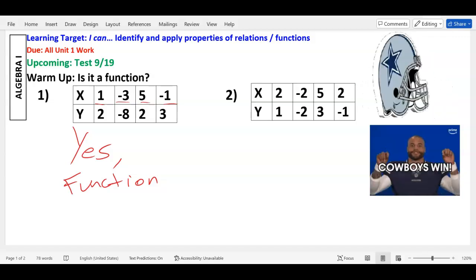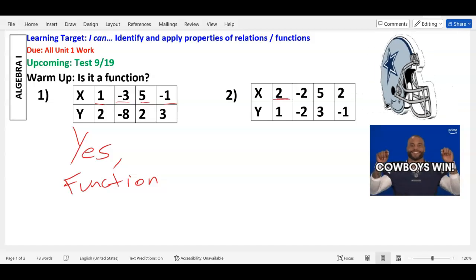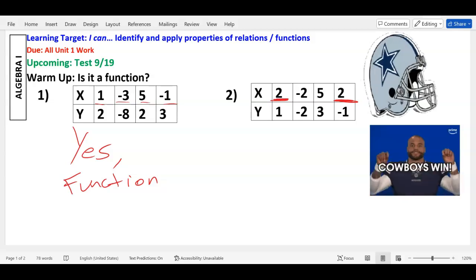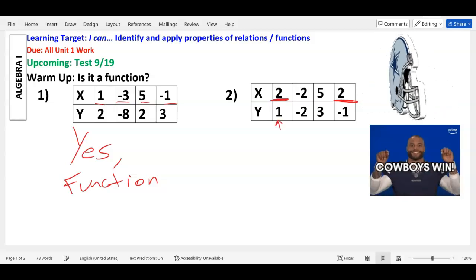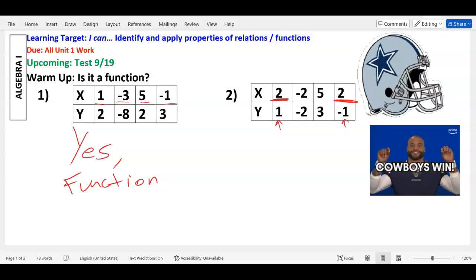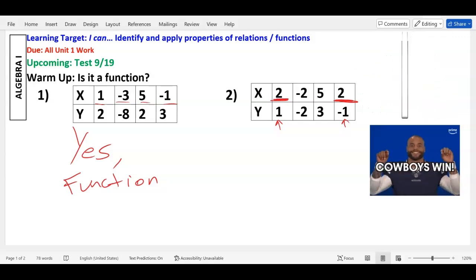Well, do any of these x's repeat? Yeah, you got positive 2 and positive 2. That's the same x, but different y's. It's like having 2 girlfriends or 2 boyfriends. That does not function. No, okay?